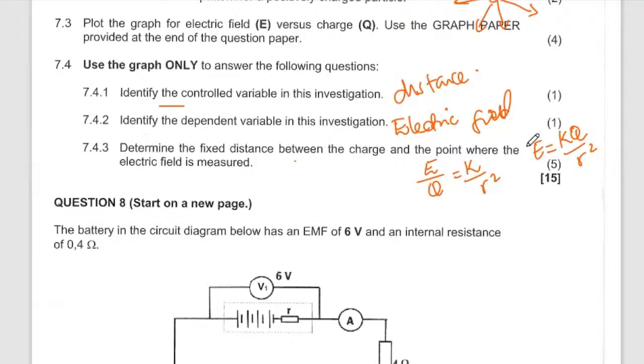That's what I'm seeing from this formula. If I can get E over Q, which is the gradient, then I have it. So we need to find the gradient.